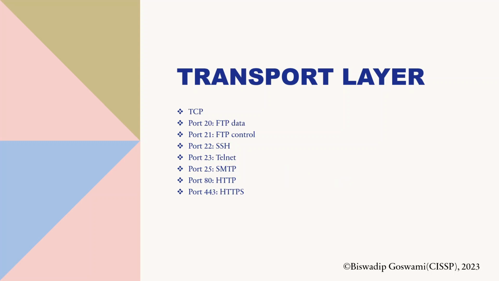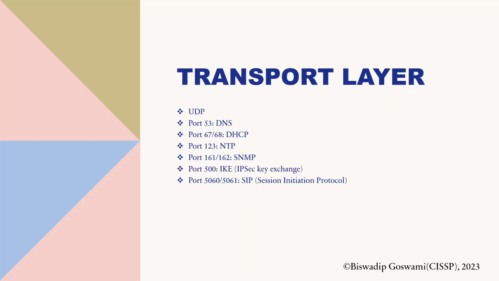UDP, on the other hand, is a connectionless protocol that provides an unreliable and unordered data transfer between hosts. It is often used for real-time communications such as voice over IP and video conferencing, where speed is more important than reliability.